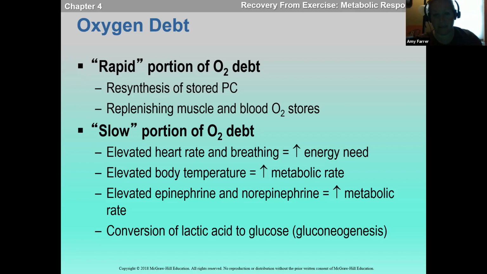Our breathing is still up. We're still going to have a higher body temperature. We're going to have circulating epinephrine and norepinephrine still in our bloodstream. And we have to put that lactic acid back to glucose. So all of those things are going to require a little bit more oxygen because our work, though the initial exercise portion is done, is still happening.